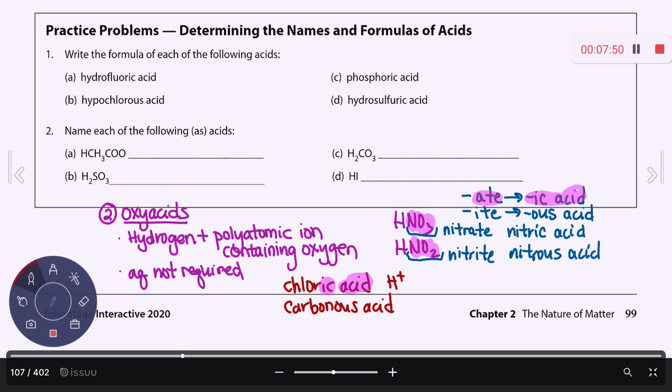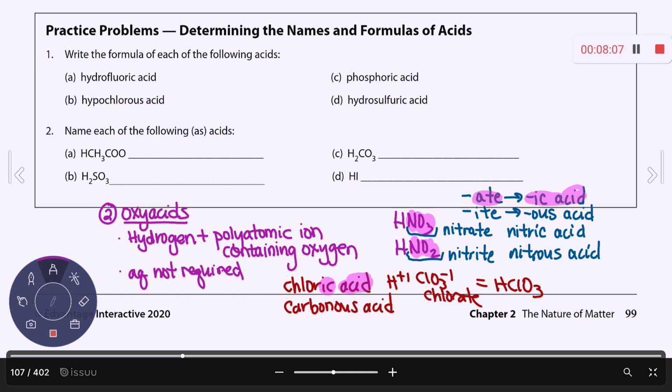So this would be hydrogen with chlorate. Chlorate on your table is ClO3 negative 1. Since you have a +1 and a -1, you would need one of each, and this would become HClO3.